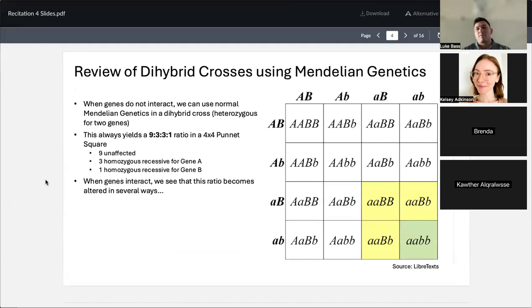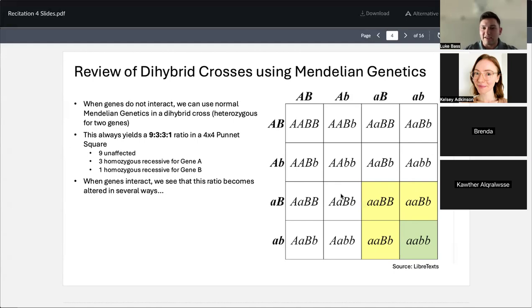So if we were to use Mendelian genetics on a dihybrid cross, and dihybrid means that both of the individuals that are crossing are heterozygous for both genes A and B in this example, we would get this 9 to 3 to 3 to 1 ratio in a 4 by 4 Punnett square.